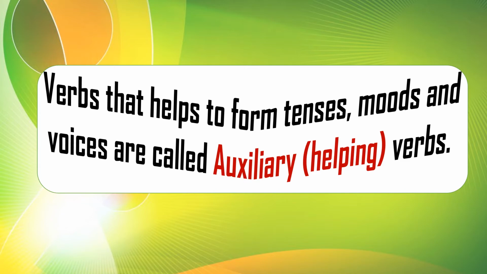We have learned past, present and future and its categories. Then it defines in which mood that sentence is and in which voice that sentence is. So these verbs which help us to form the tenses, moods and voices are called auxiliary or helping verbs.